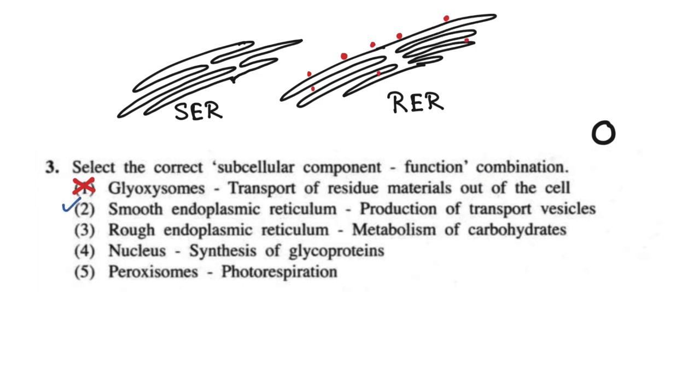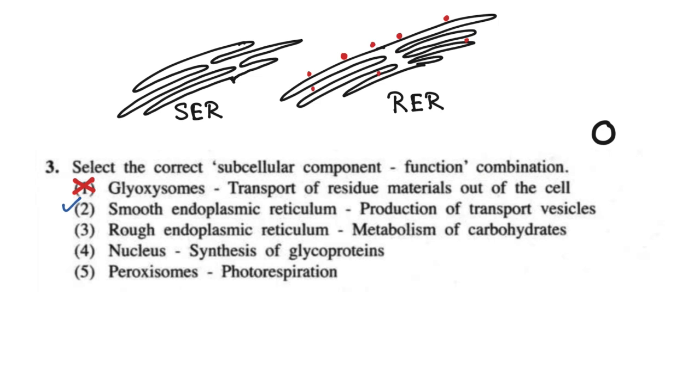Then third one, rough endoplasmic reticulum, metabolism of carbohydrates. No, they don't involve in this metabolism of carbohydrates. Rough ER has ribosomes on the membrane, so they are involved in things related to proteins.